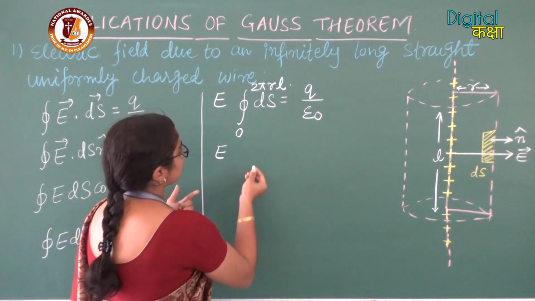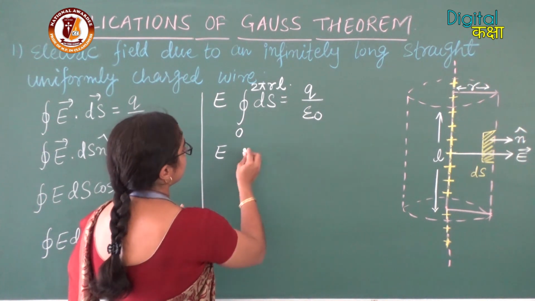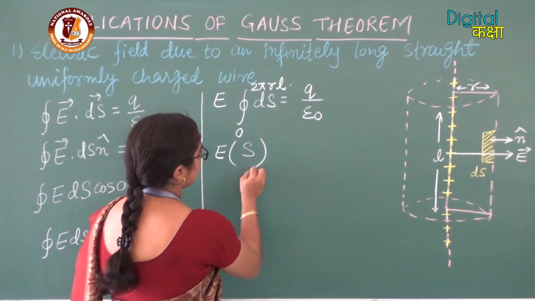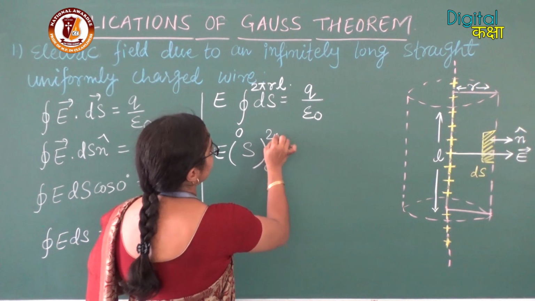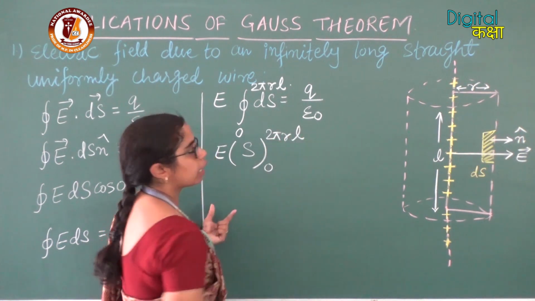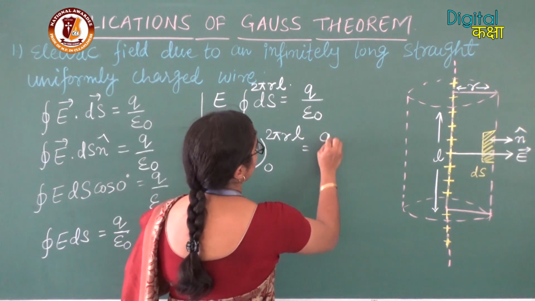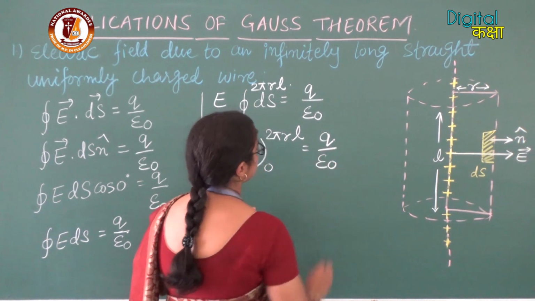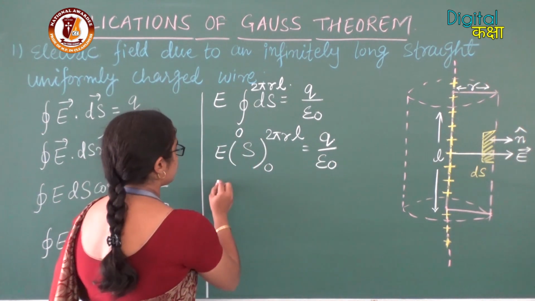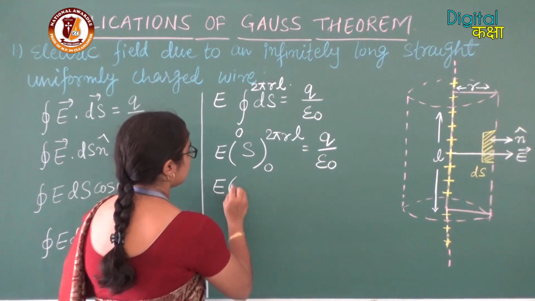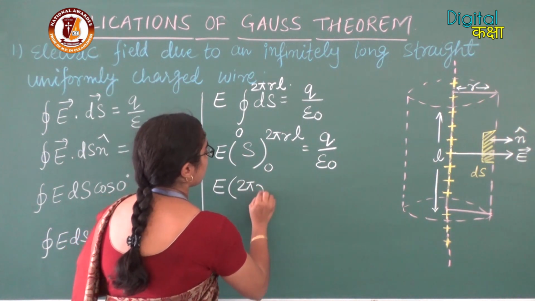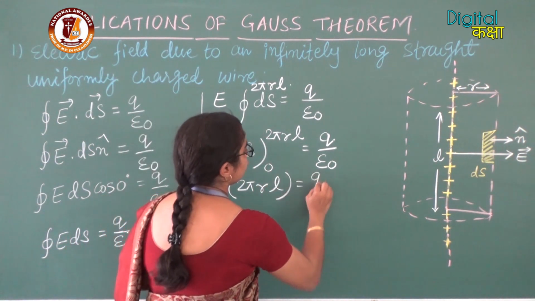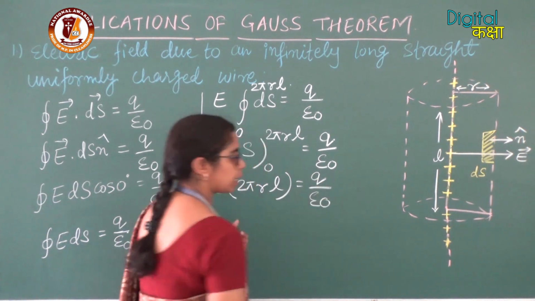After substituting the limits and integrating ds, we get s, and the limits vary from 0 to 2 pi r L, is equal to q upon epsilon naught. Solving it further, we get E into 2 pi r L is equal to q upon epsilon naught.